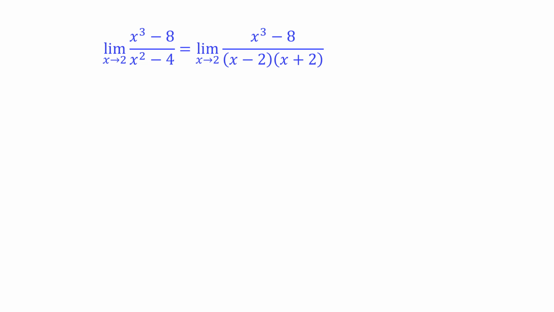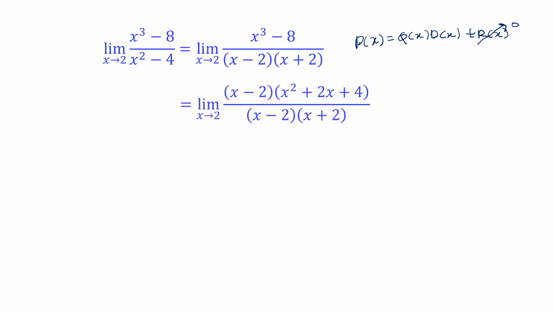After that, write your answer in the form of p(x) equals quotient times divisor plus remainder. And we know that since we divide the expression by a factor, the remainder is 0. So what we have here is (x squared plus 2x plus 4) times (x minus 2).